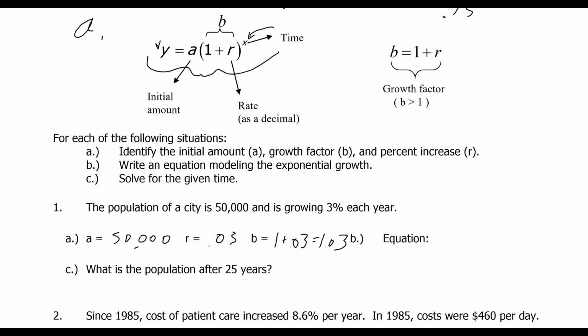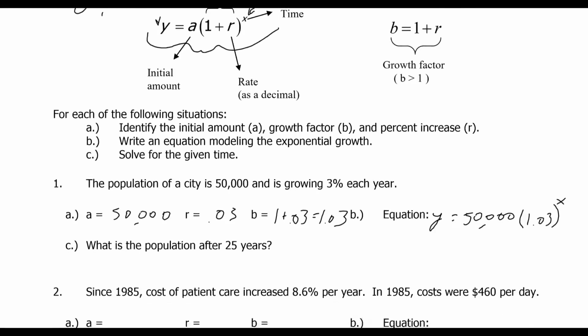From now on, I'm not going to do the addition part. I'm just going to write it out. Now our equation for this is going to be y equals 50,000 on the outside of 1.03 raised to the x power, whatever x happens to be. And x is just going to be the amount of time.